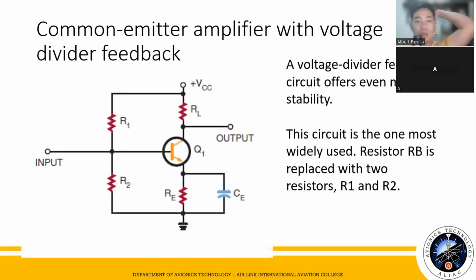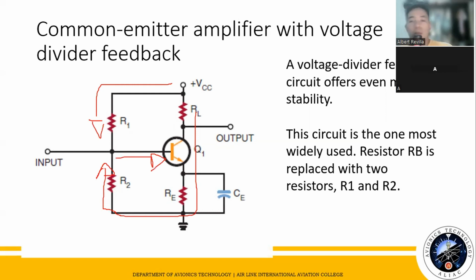So, in this common emitter amplifier with voltage divider, yung RB kanina, yung base resistor mo, ay pinalitan ng dalawang resistor. So, itong dalawang resistor ay connected in series across the VCC. And then yung flow naman niya dito. So, the resistors divide the source voltage into two voltages, forming a voltage divider.